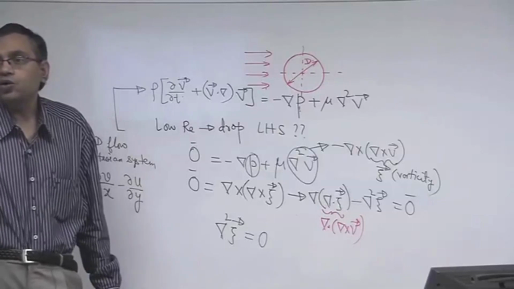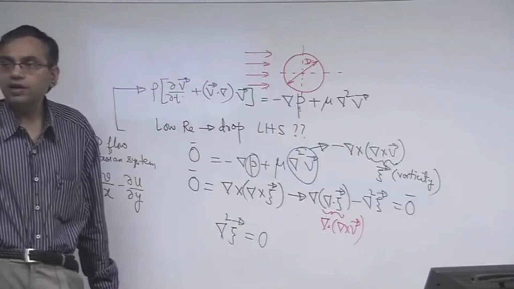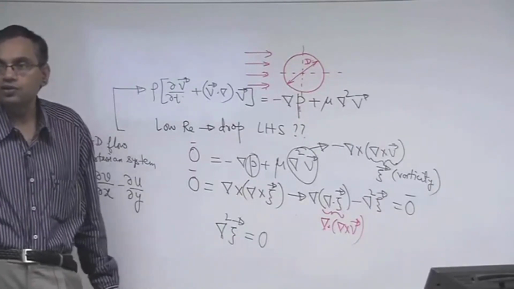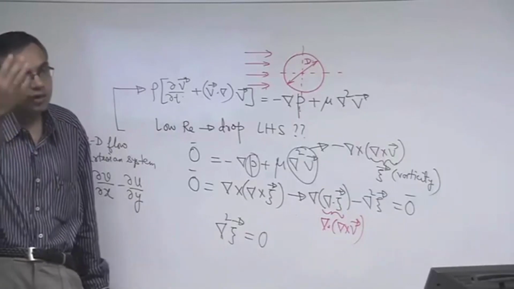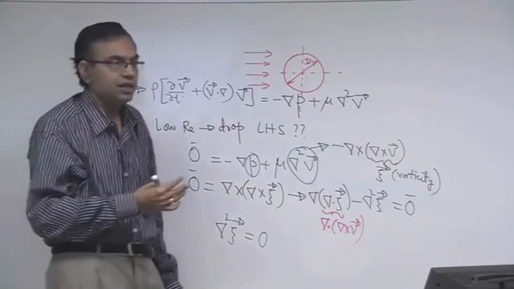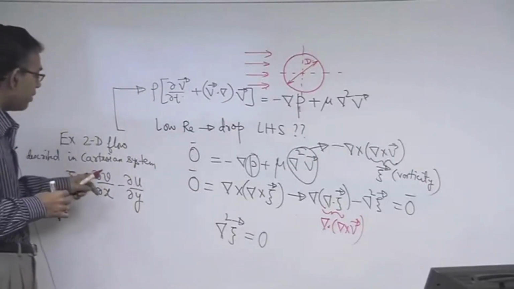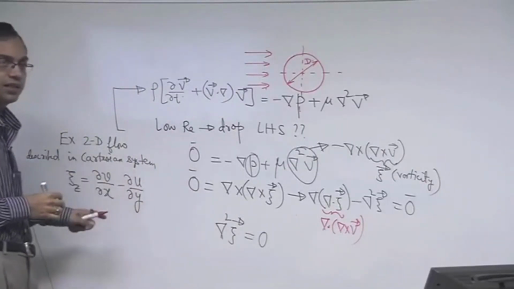Otherwise, how do you ensure that you are solving the velocity field from the momentum equation that satisfies mass conservation? That has to be ensured. So, somewhere continuity equation has to be brought into the picture. How we bring it into the picture here is by defining this velocity in terms of stream function.